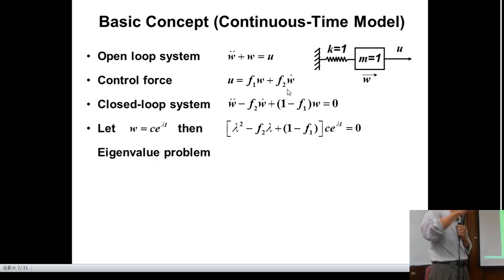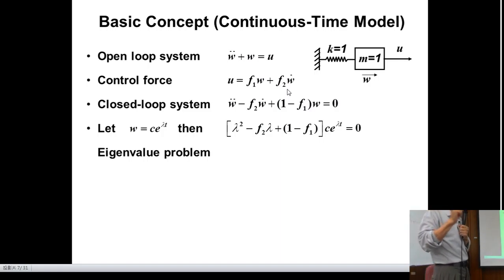If I don't have W and W dot and replace them with W hat and W dot hat, you get the same results, but there is a mathematical proof to show that. So I assume that my W hat and W dot hat are identical to the true W and W dot.